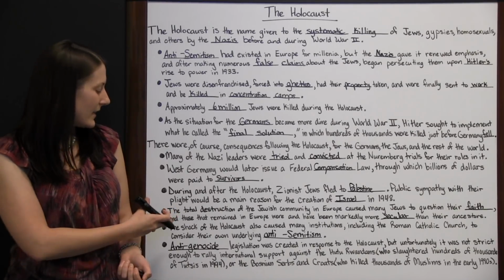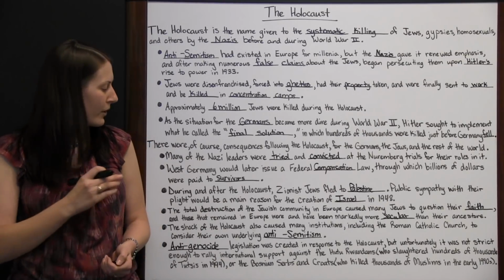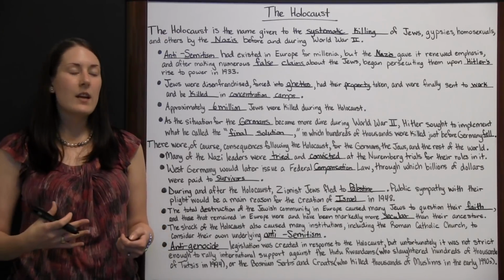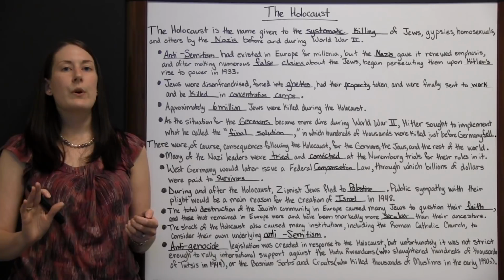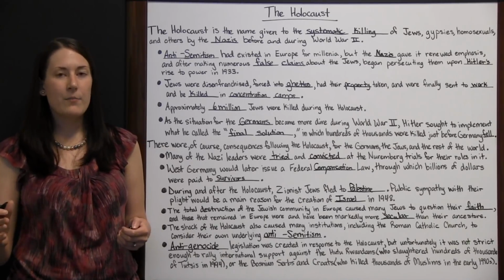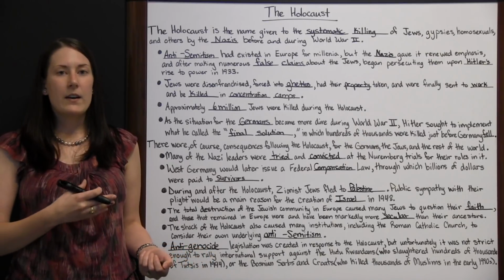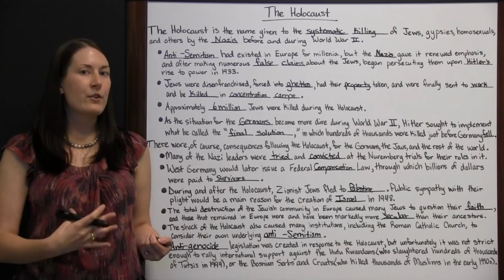And even though we had these anti-genocide laws in place, they weren't strict enough for international support to come to the Tutsis' rescue. You didn't have a lot of countries coming in and saying, whoa, whoa, whoa, stop this, we're going to back up the Tutsis, you can't just kill them because of their historical ties, because they are that one group.